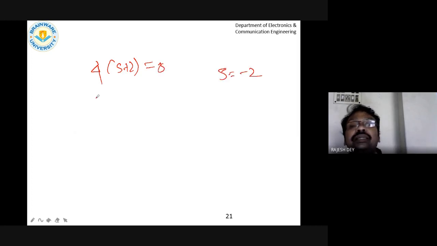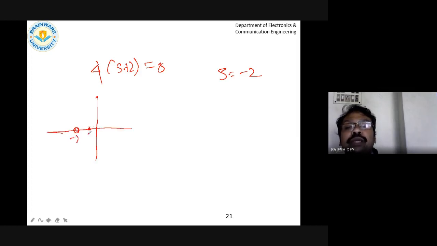If we plot, that minus 2 is called the zero of the system. Rather, we can say the root of the numerator of the transfer function is called the zero of the system.